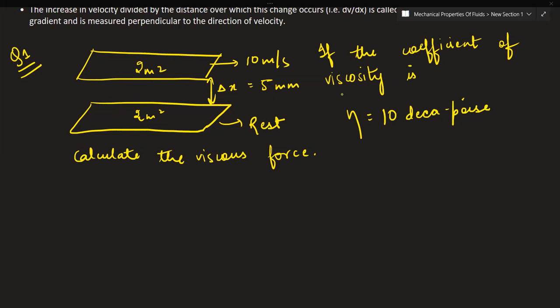Because decapoise is already in its SI unit, you just have to convert 5 millimeter into the SI unit. Just put in the values.